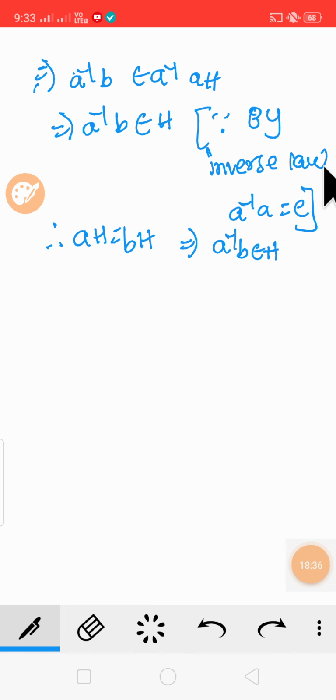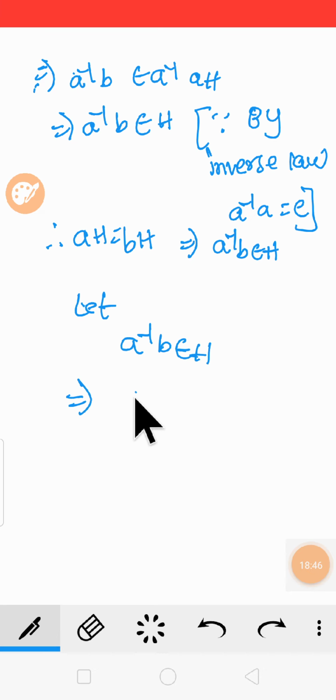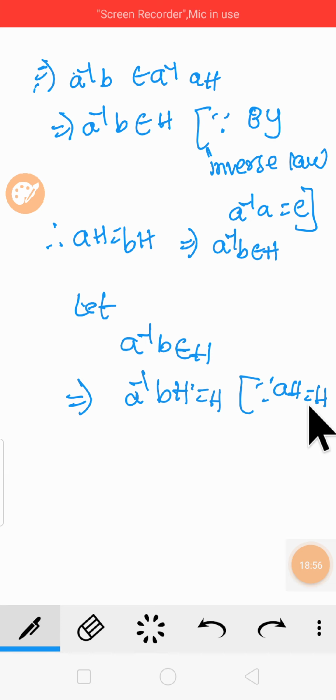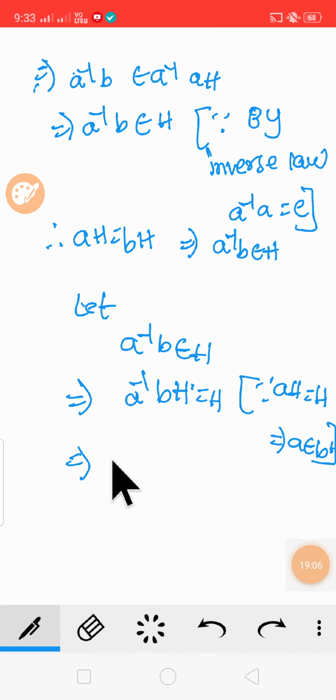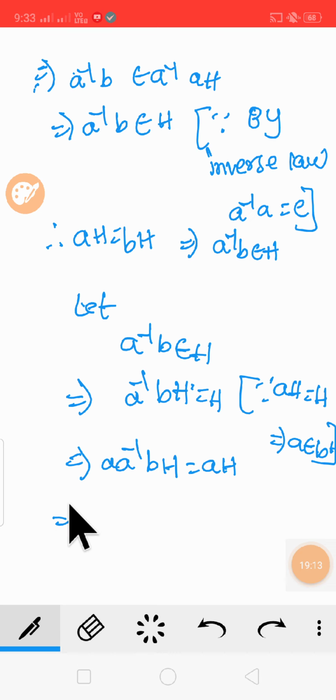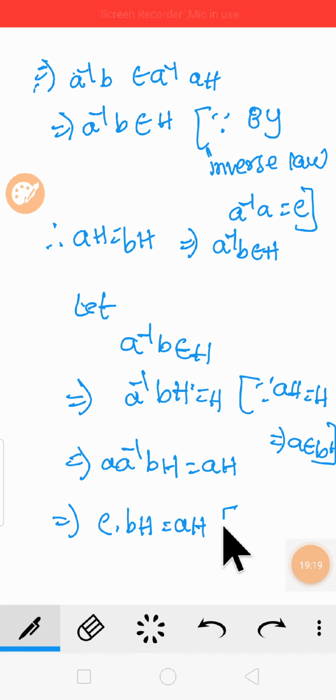The first condition is true. Next, we suppose that a inverse b belongs to H. Multiplying both sides with H, a inverse b H equals H. Since aH equals H implies a belongs to bH, we use this condition and multiplying both sides with a, a a inverse bH equals aH, and again by the inverse law a a inverse equals e, so a bH equals aH.